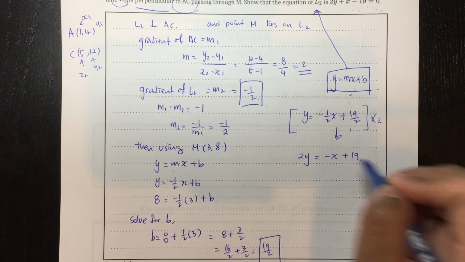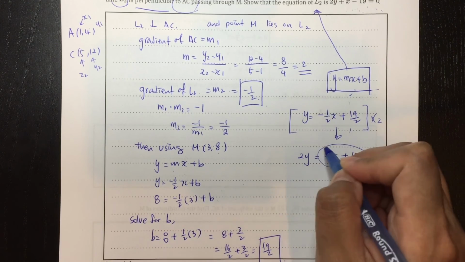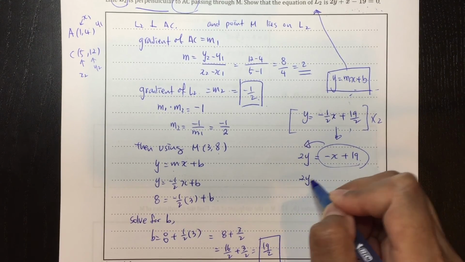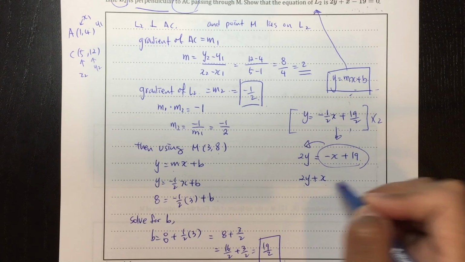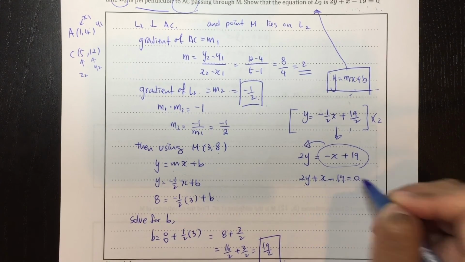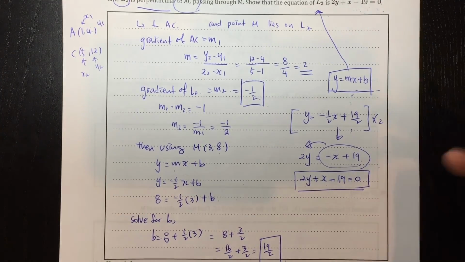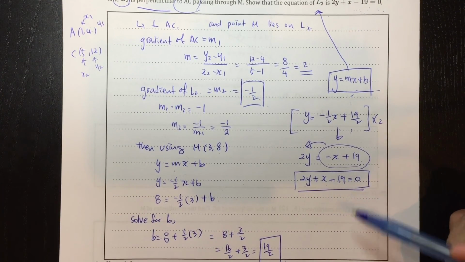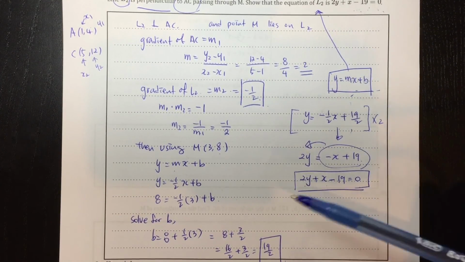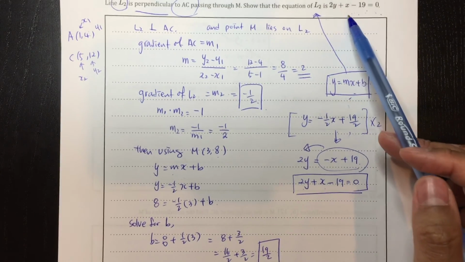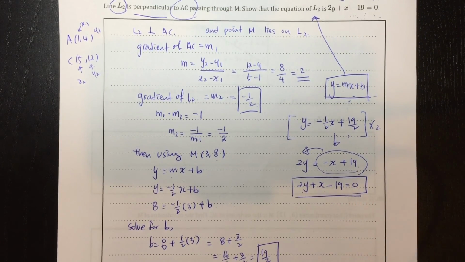Then move everything to the left-hand side, so you get 2y plus x minus 19 equals 0. Since this is equal to this, we have shown that L2 is 2y plus x minus 19 equals 0.